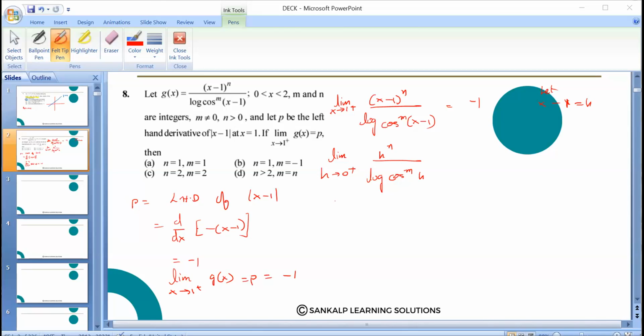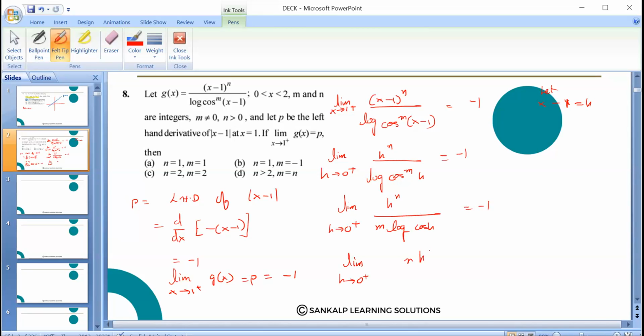First, applying the properties, this will be equal to minus 1. We will apply the property of logarithm. The power m will come out in the denominator, log of cos h will be equal to minus 1. Next we have to use L'Hopital's rule to find the limit.